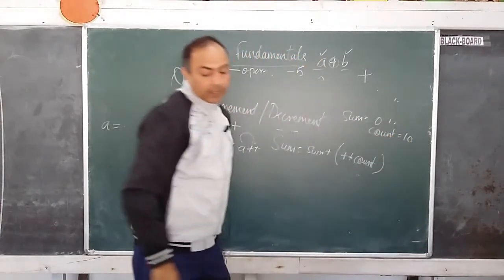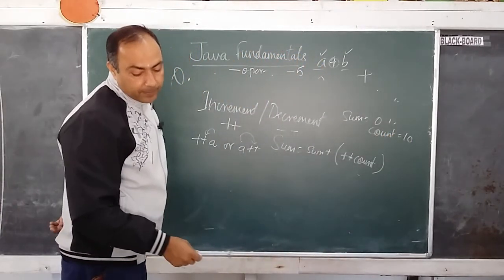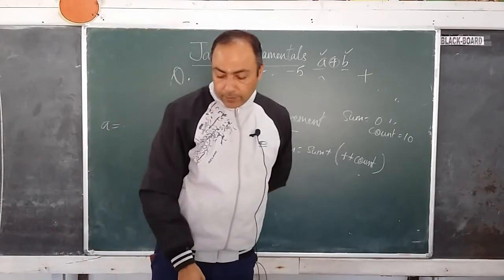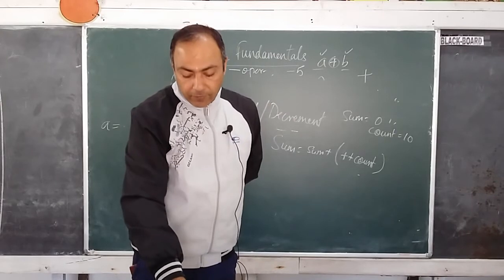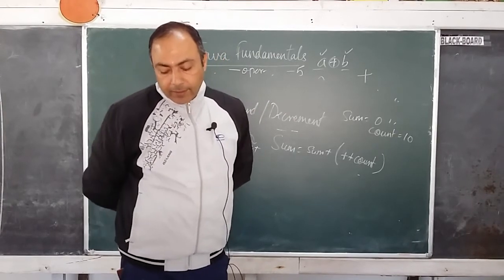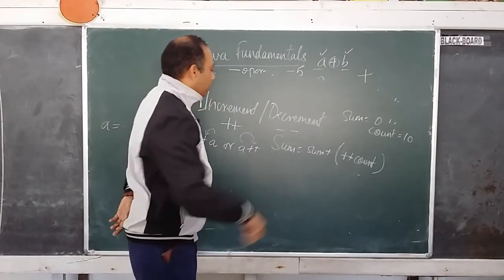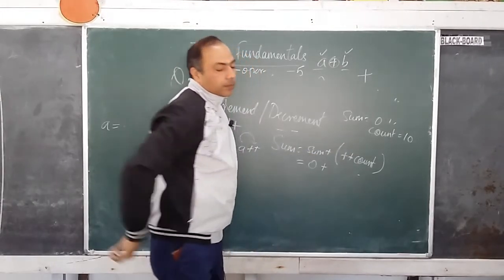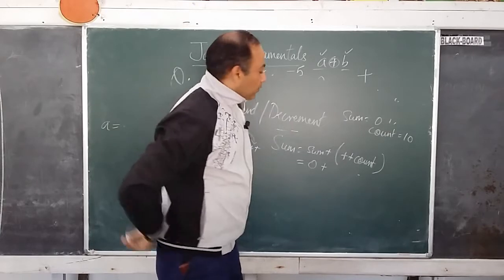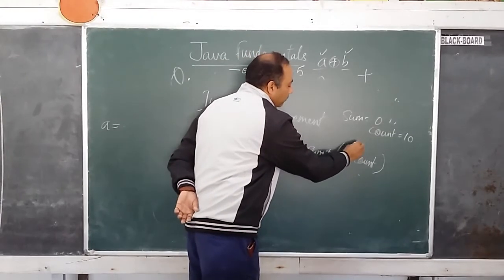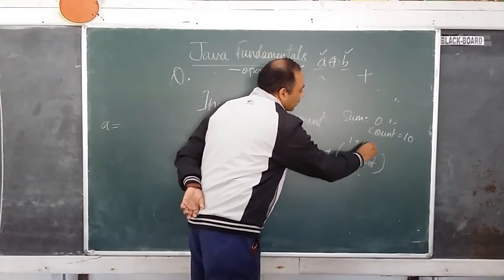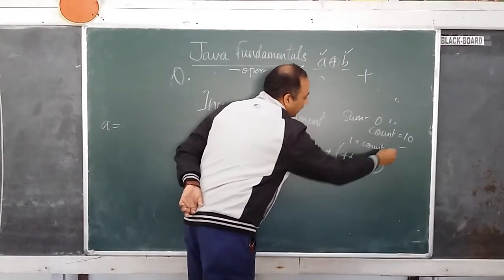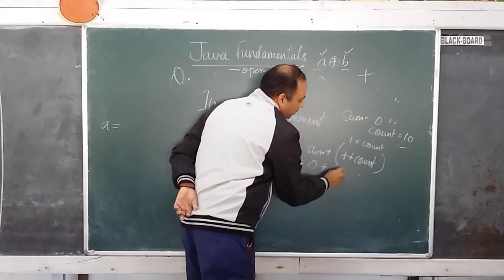Now the expression will be sum = sum + 1 + count, because the prefix operator increments the value first. So sum is 0, this is 0 plus 1 plus count, that means 1 plus 10, which becomes 11.